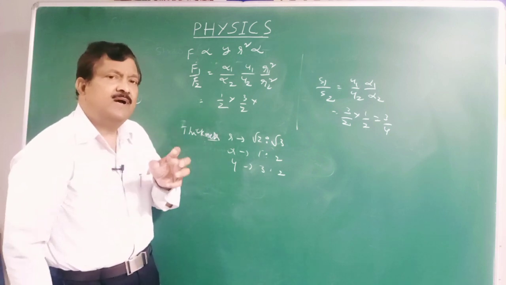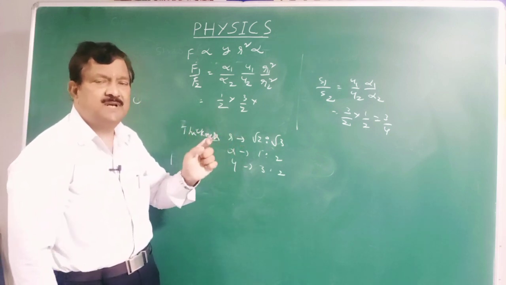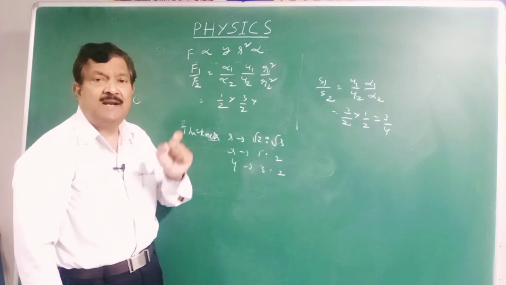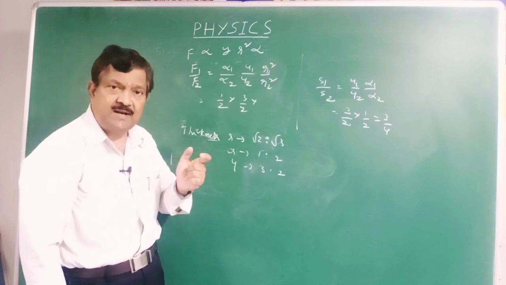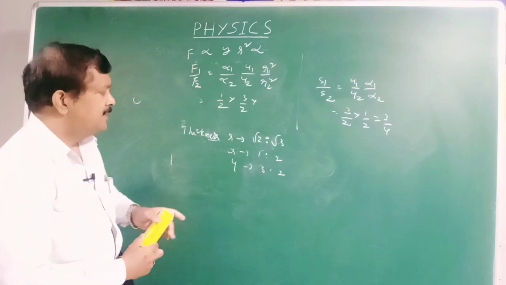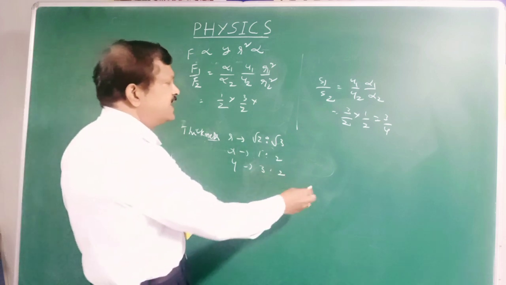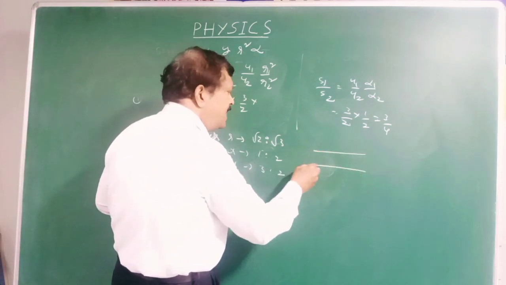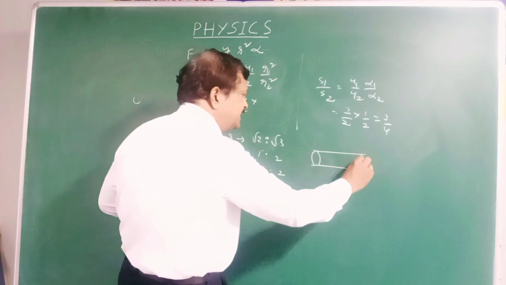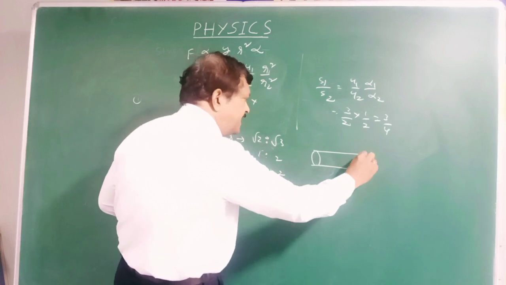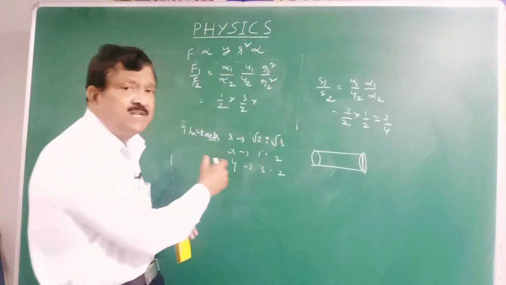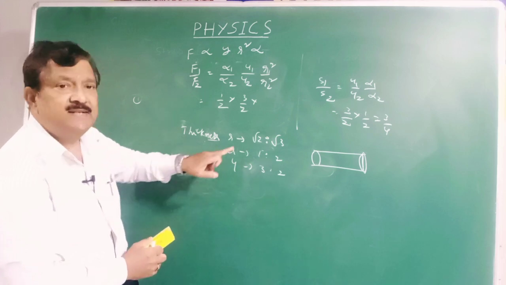Remember, when we are solving these problems, thickness, unless it is specified, we should consider as the diameter, because if you consider a cylindrical rod, let me draw here. If you consider a cylindrical rod like this, the diameter represents the thickness. So if thickness is given, you should consider that it is a diameter.